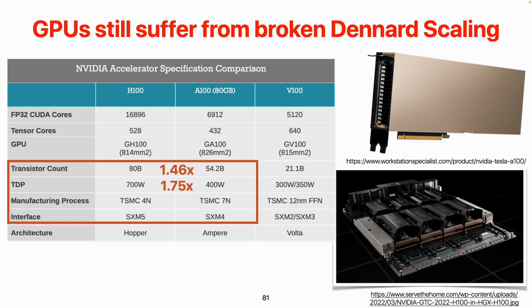However, the power consumption goes up even more significantly. So what that means is that they do not surpass the limitation of Dennard scaling. They follow Moore's law by using a more advanced process technology from TSMC.